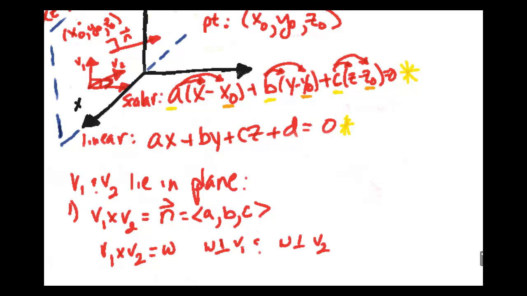So if V1 and V2 lie in the plane and W is perpendicular to both of them, it must be perpendicular to all the vectors in that plane. So that's how we define these rectangular planes.